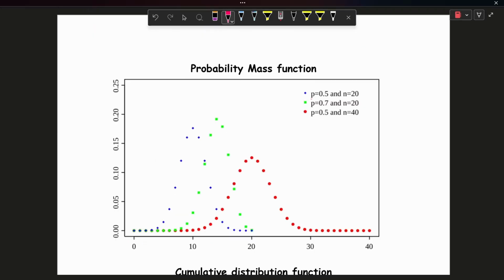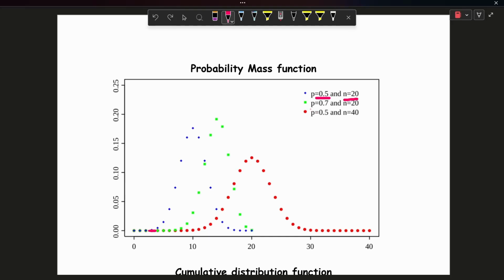So if p is 0.5, that is the probability of success is 0.5, and n is nothing but 20, that is 20 times, if we conduct that experiment, then we will have a distribution like this blue color one. It somewhat looks like a normal distribution.